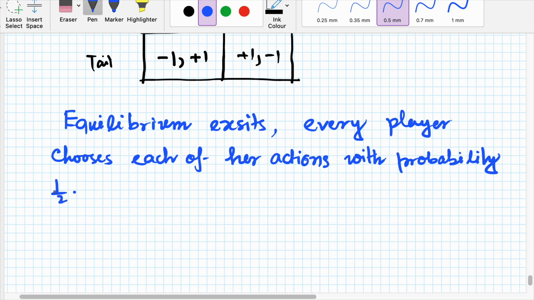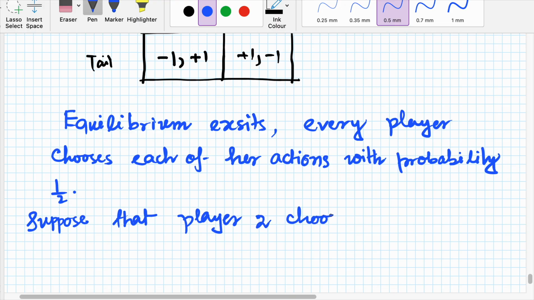Suppose that player 2 chooses her action, head and tail, with probability half and half.